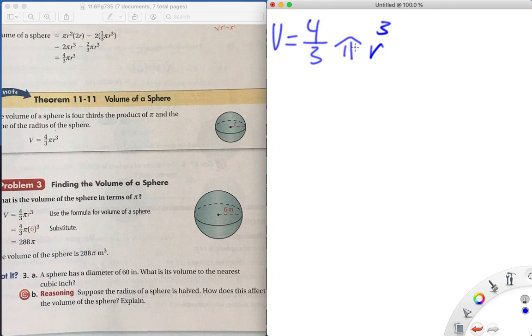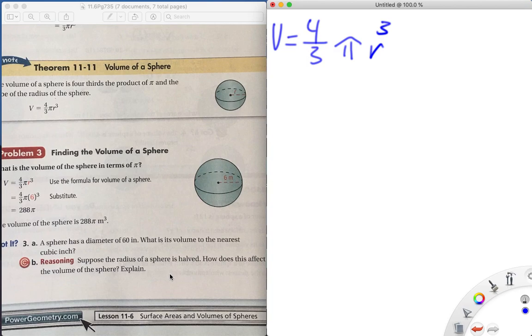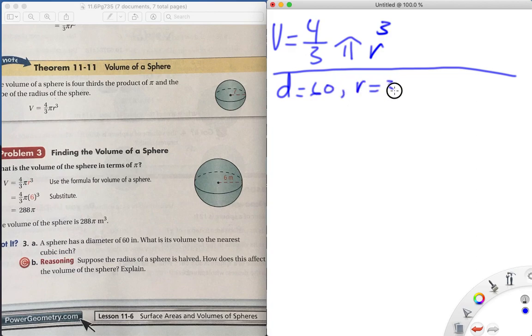So, number 3. It says that we have a sphere with a diameter of 60. So if the diameter is 60, I know that the radius is half of that, so the radius is 30.